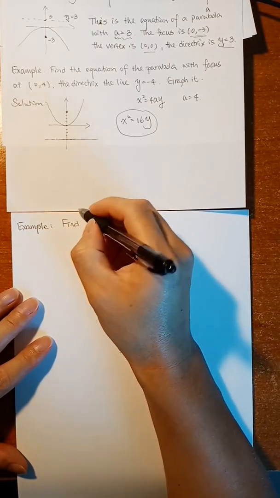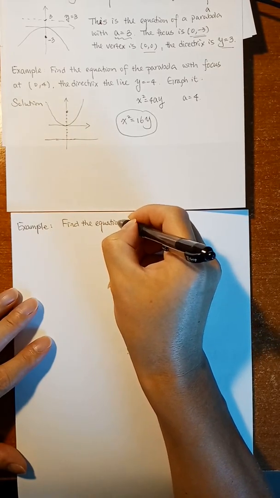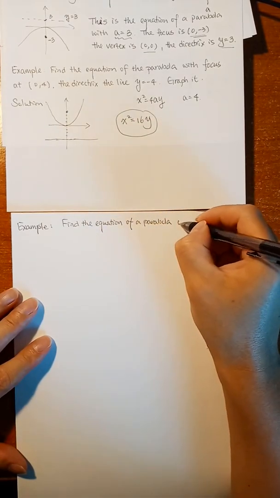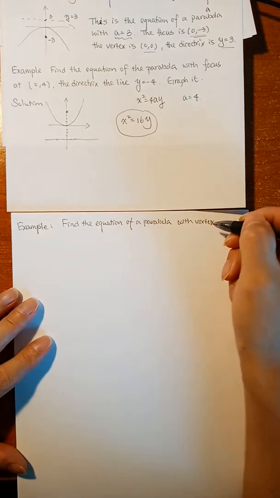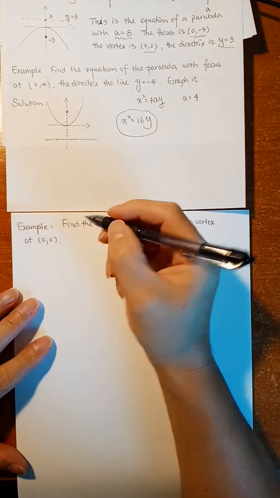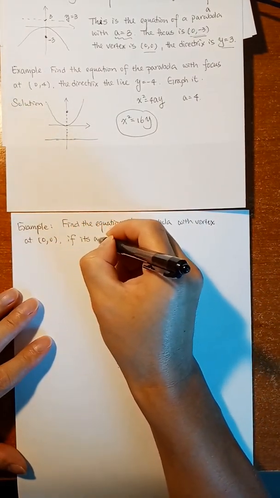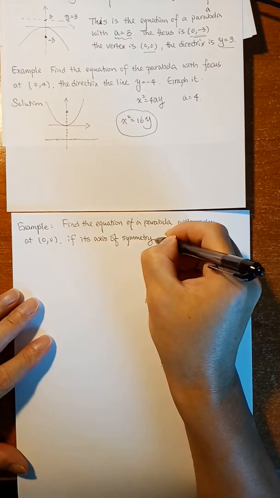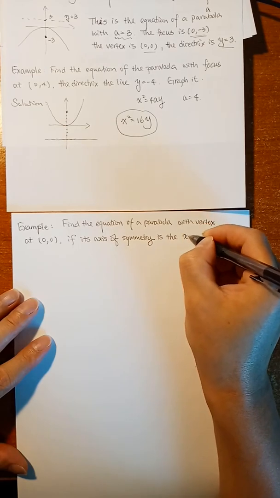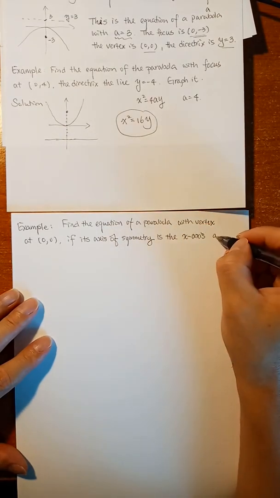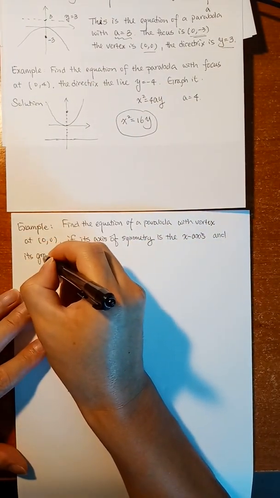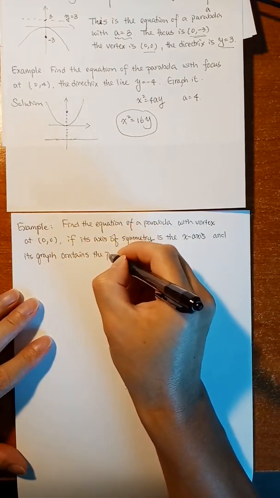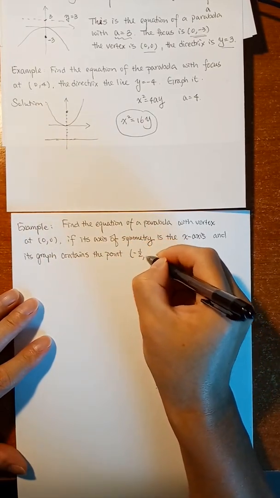Find the equation of a parabola with vertex at (0, 0) if its axis of symmetry is the x-axis and its graph contains the point (-1/2, 2).